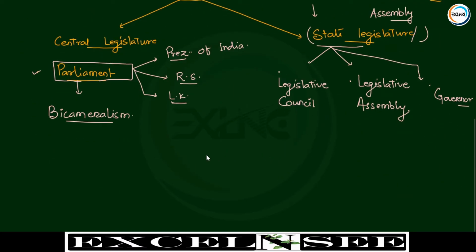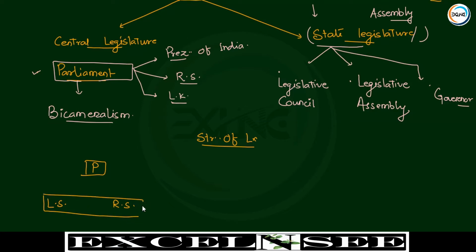So what is the structure of the legislature? When we say the structure of legislature, there is the President, then Lok Sabha and Rajya Sabha. Similar to Britain, where there is the Crown and the House of Lords and House of Commons.